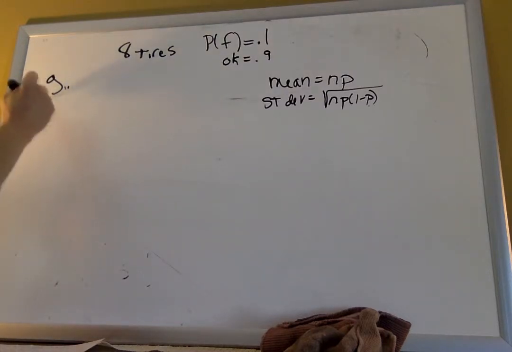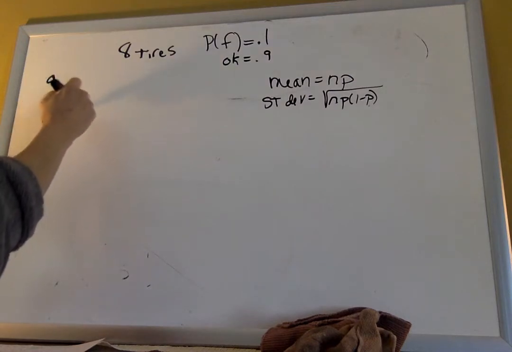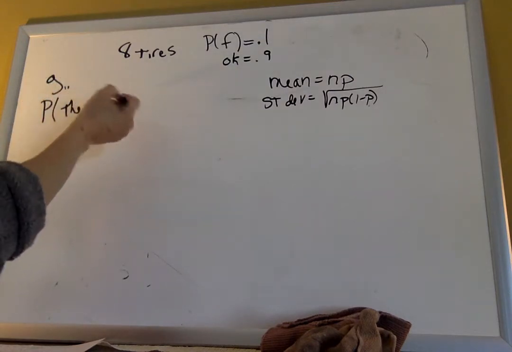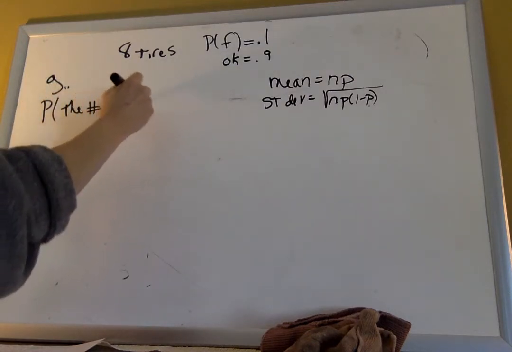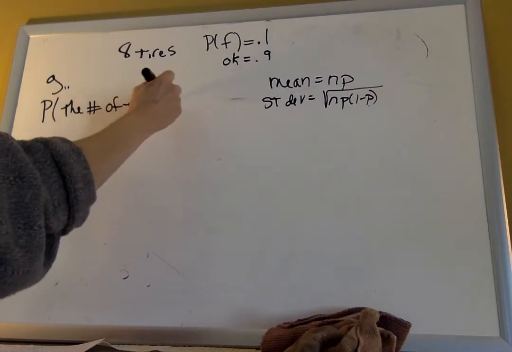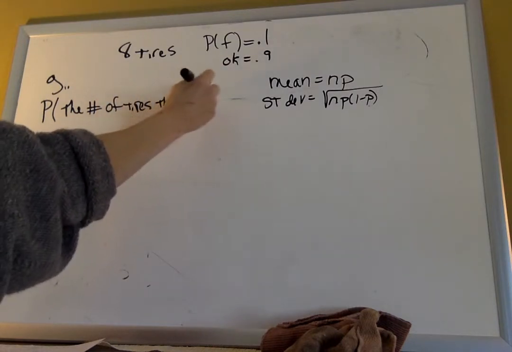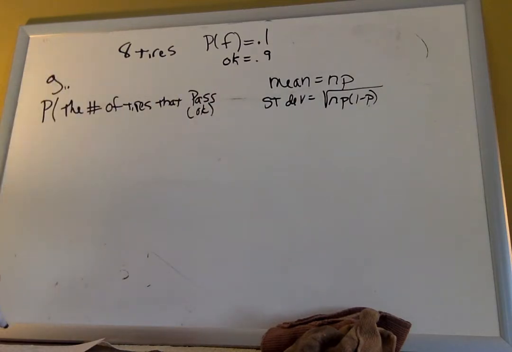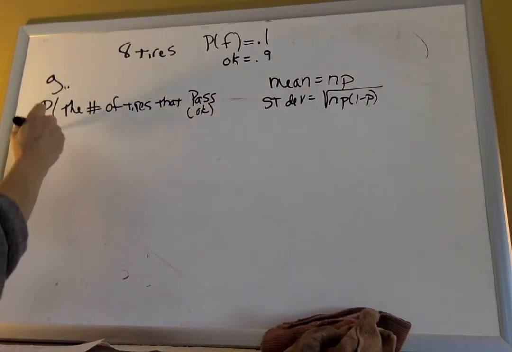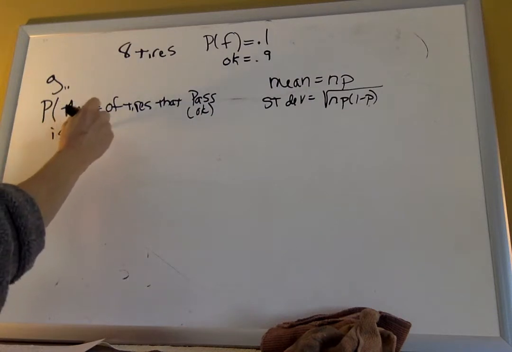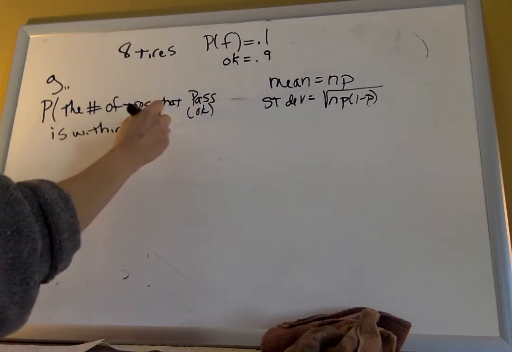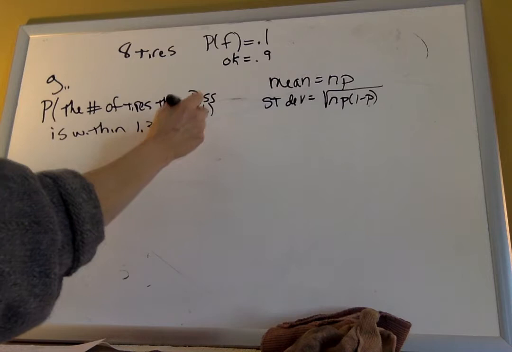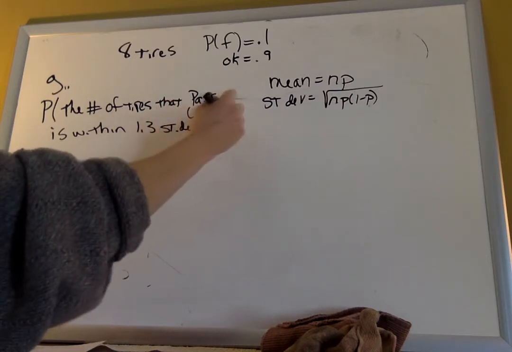What is the probability the number of tires that, you could call it pass or you could call it okay, whichever language you like better, that are okay, is within 1.3 standard deviations of the mean.